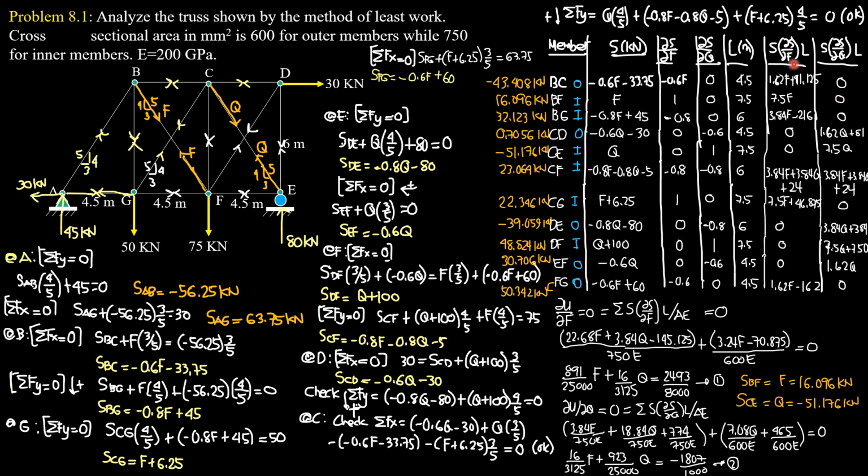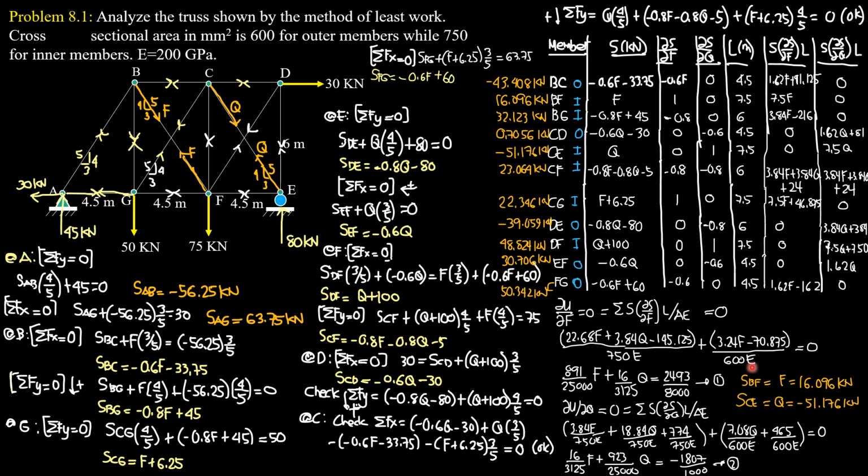For the outer, in this column, we have 1.62F and 1.62F. So 1.62F plus 1.62F is 3.24F divided by area of outer members 600.